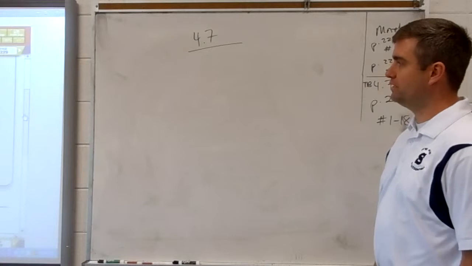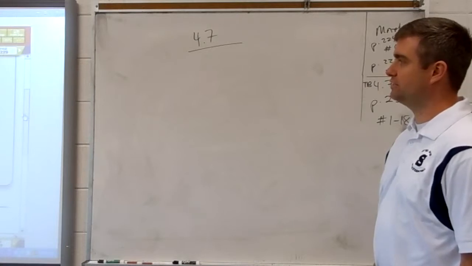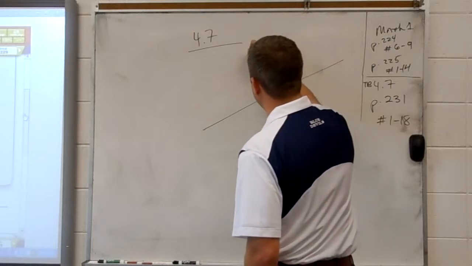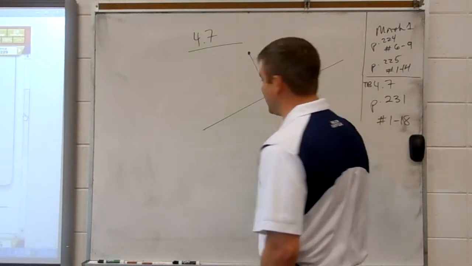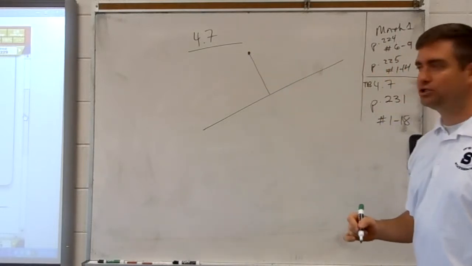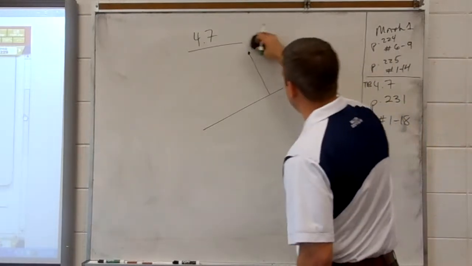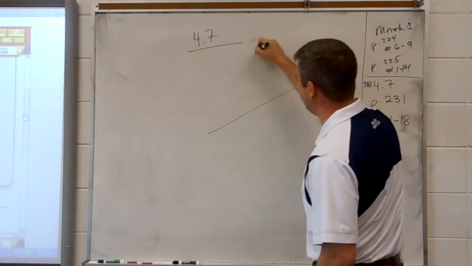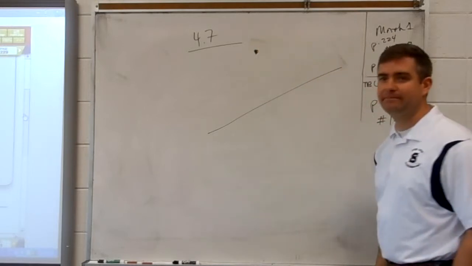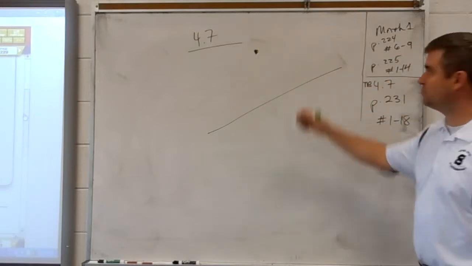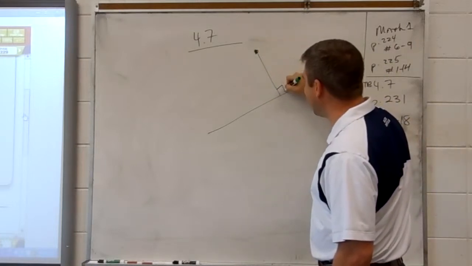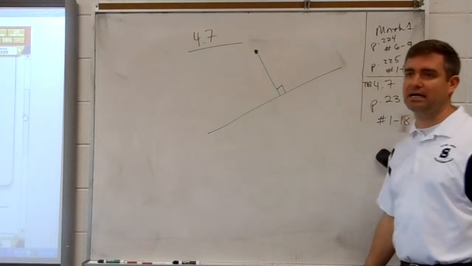The first one there says the distance from a point to a line is the length of the perpendicular segment to the point of the line. What I want you to know now is that if I draw a line and I have a point, the shortest distance between that point and that line has to be a perpendicular line.